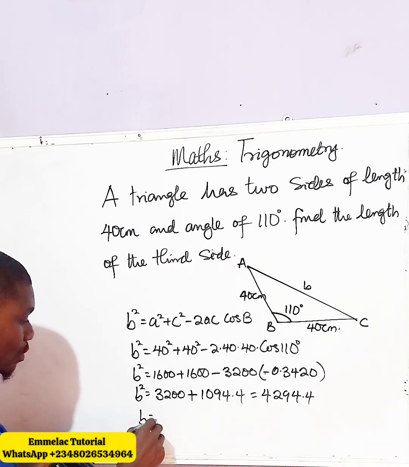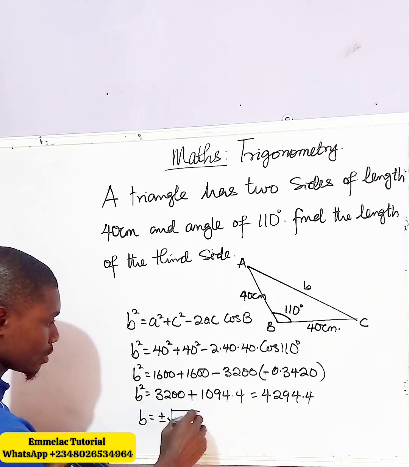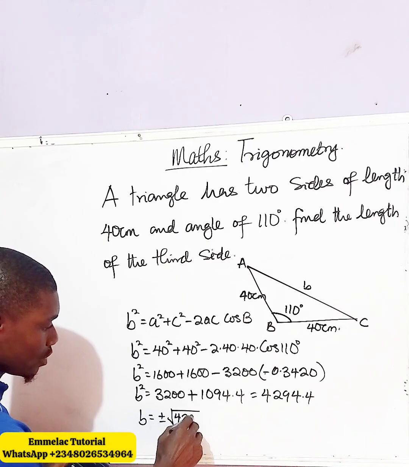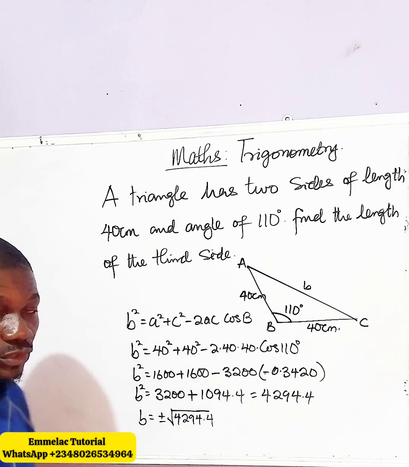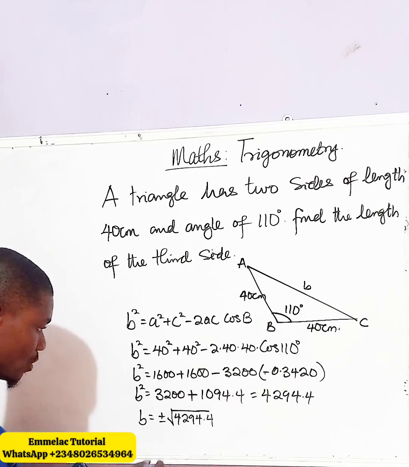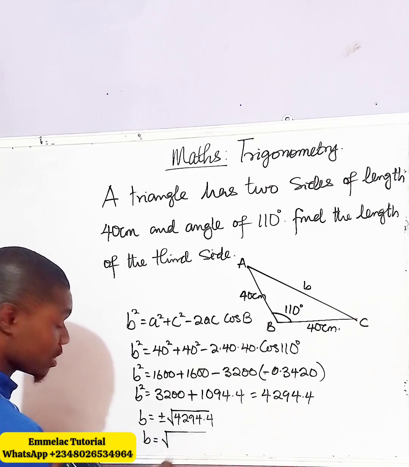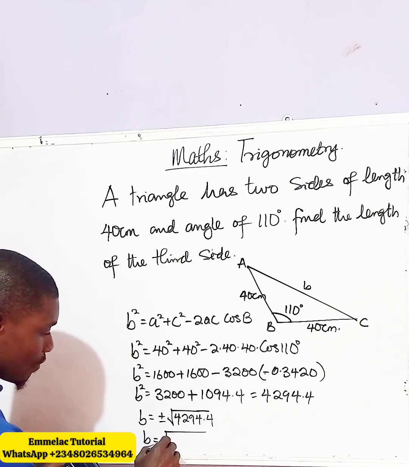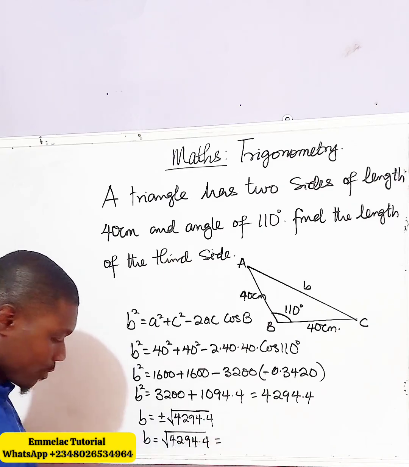We just need to square root both sides, and this will give us plus or minus the square root of 4294.4. However, we don't need the negative value, so our b will be the positive value of the square root of 4294.4.